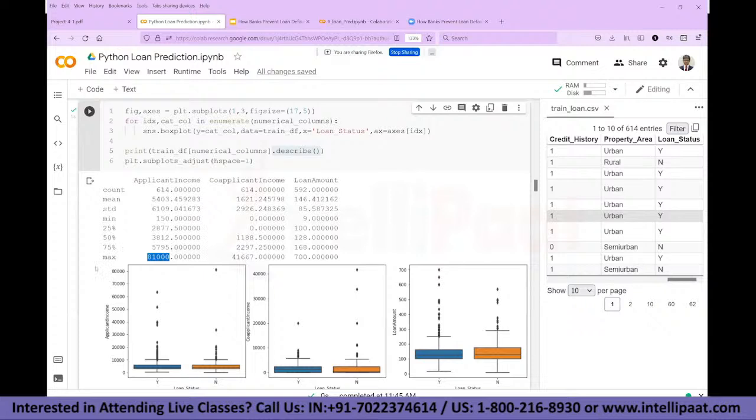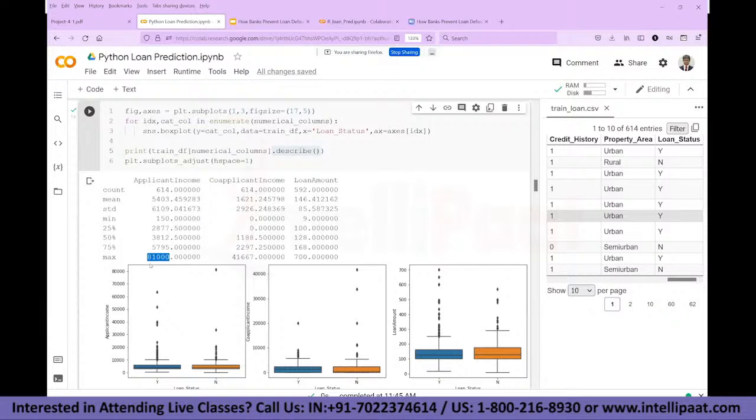But if you remove this maximum income, the overall mean income will reduce significantly, right? So the mean takes into consideration the extremes of the data set as well, and those extremes actually impact your average. So making sure where you need to use the mean and where not is also a good way of using statistics in your data, right?